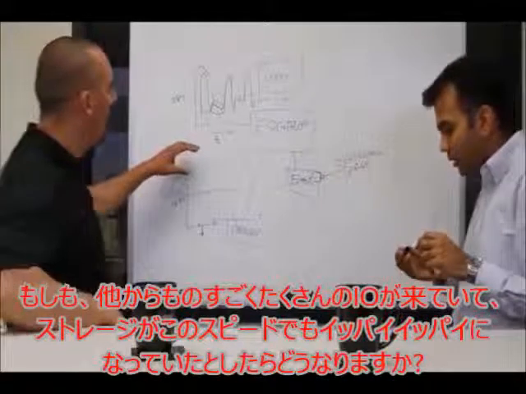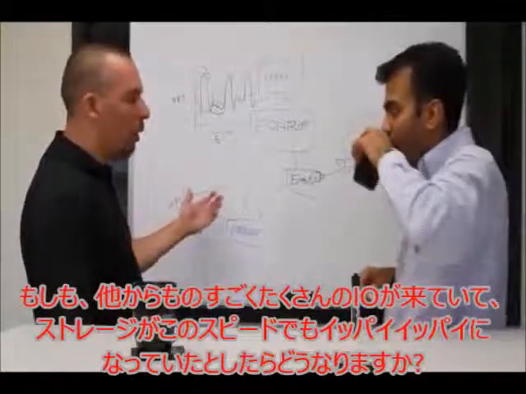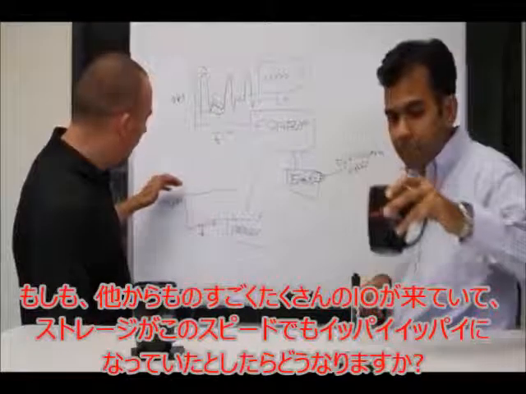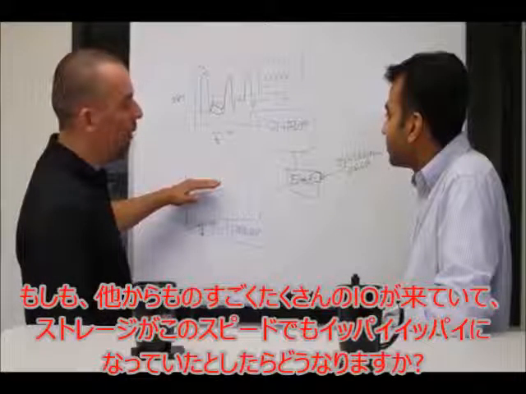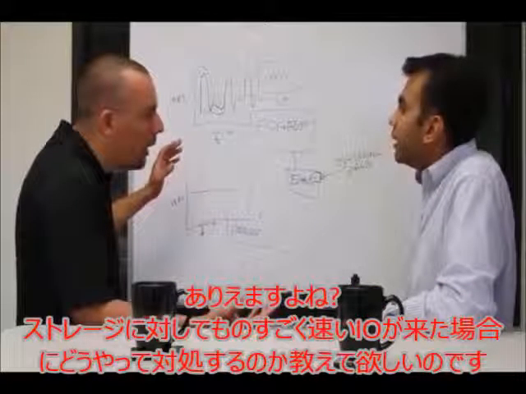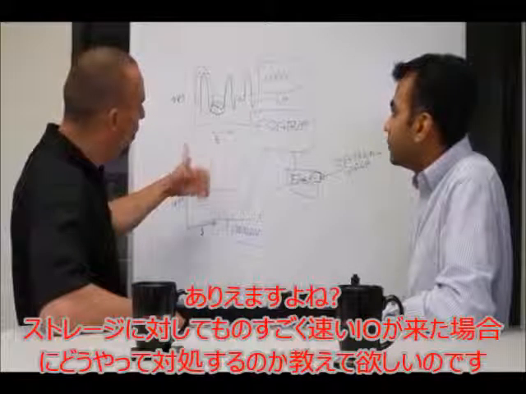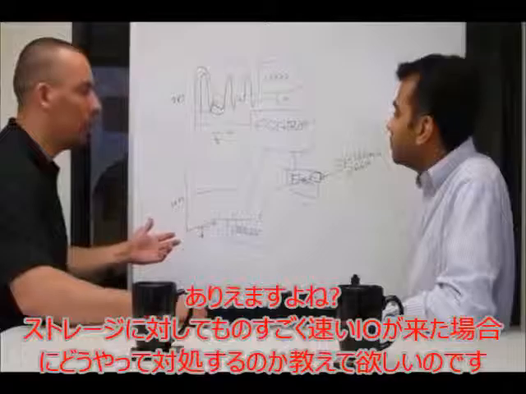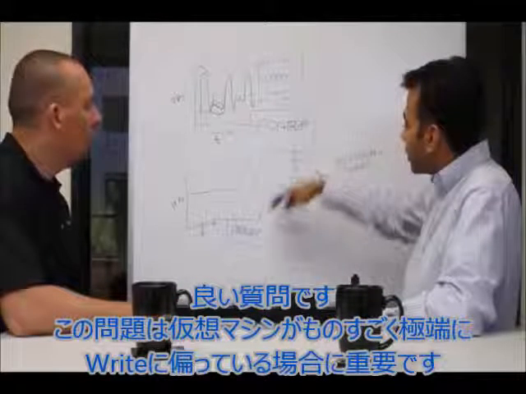So what happens if there are a lot of external workloads going on in the array, and this stable amount of IOPS is actually overwhelming the array? It's possible, right? So what do we do when we send the IOs too fast for the array to process?